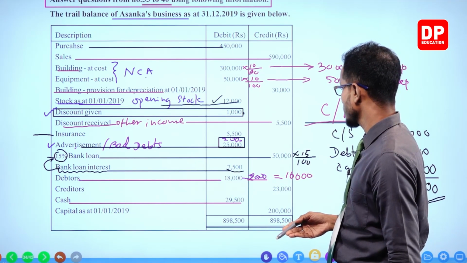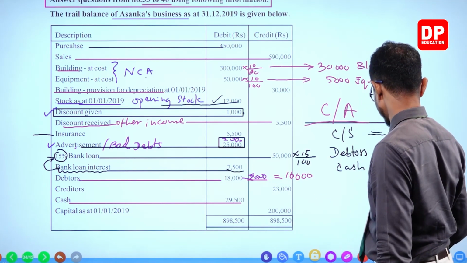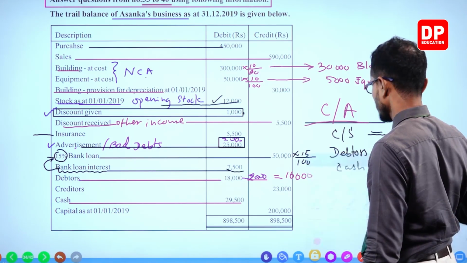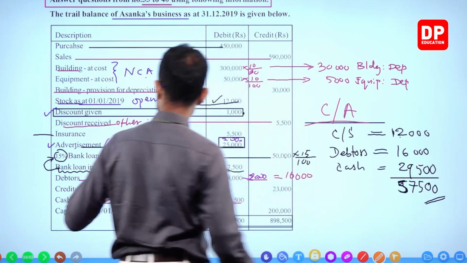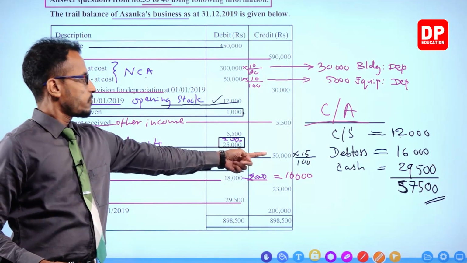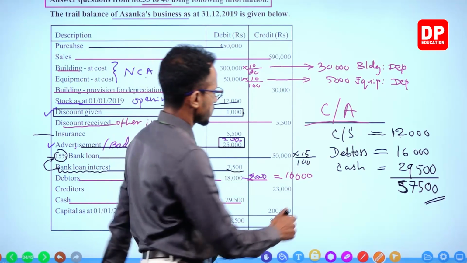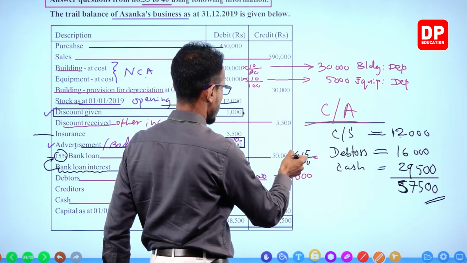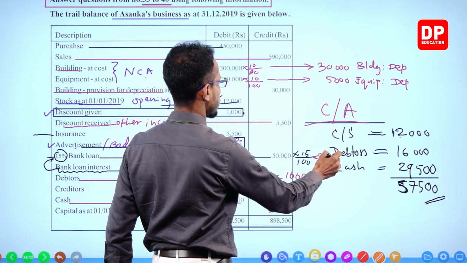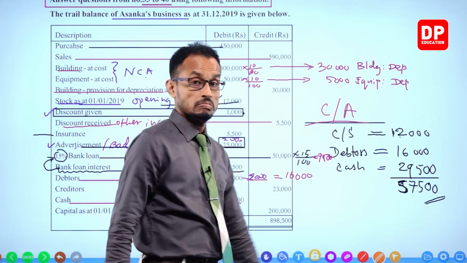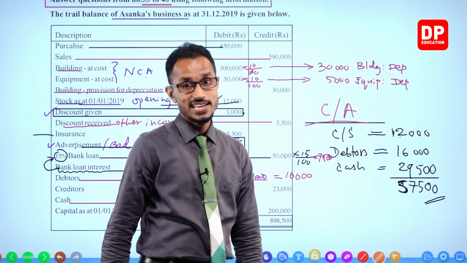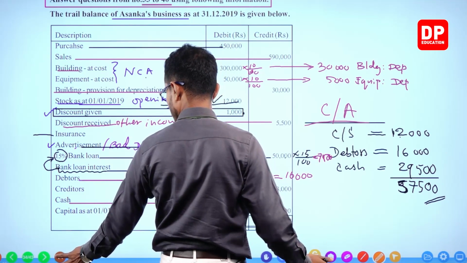And the answer is how much? 50,000 into 15%. Answer is 7,500. Yeah, that is the answer.